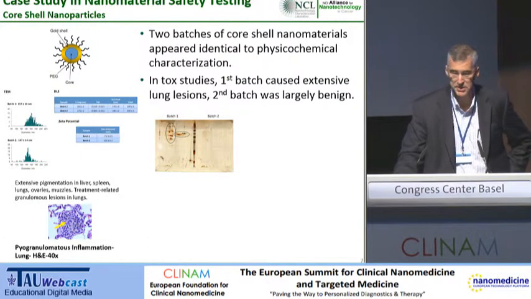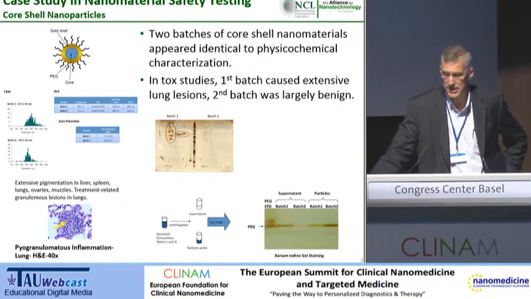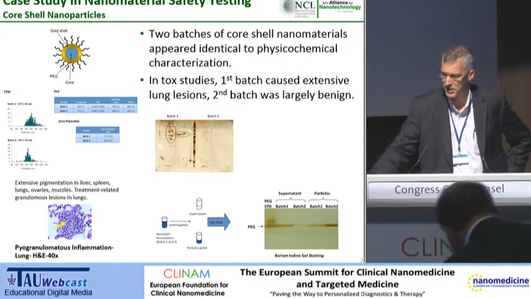And although you can barely see it here, there was quite a difference between batch 1 and batch 2, where batch 1 had far more proteins absorbed on the surface, which led us to believe that there was something happening with the PEG layer. We developed an assay to look at that. And I apologize, it's probably very small here, or at least it is on my screen.